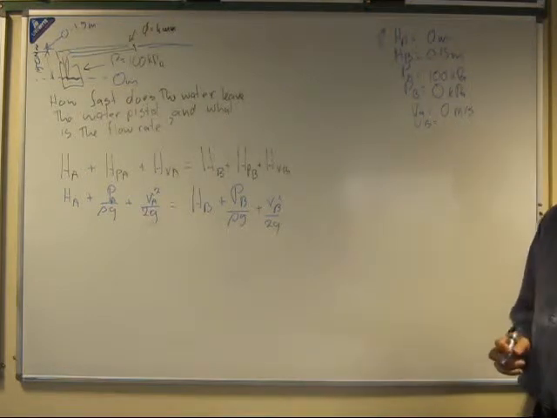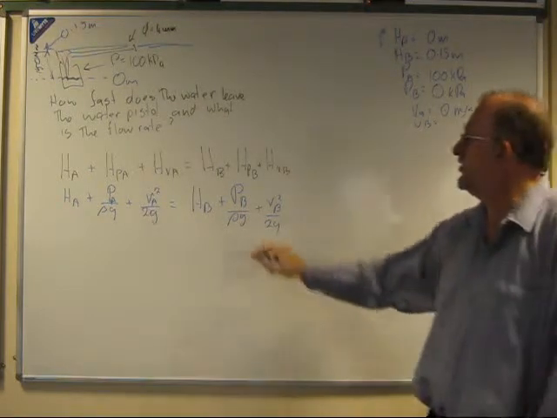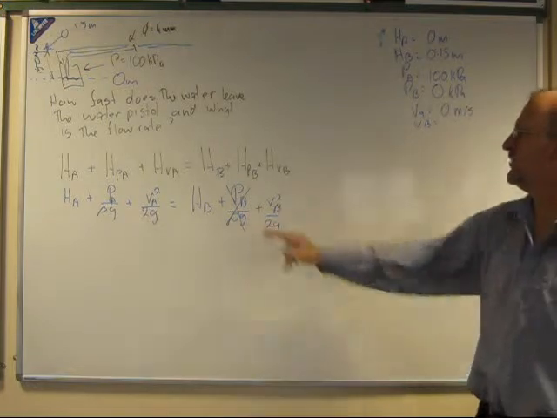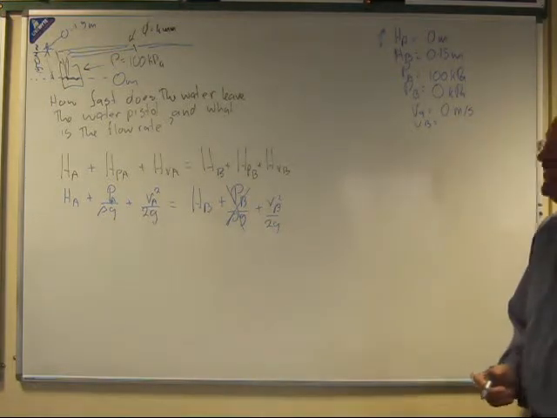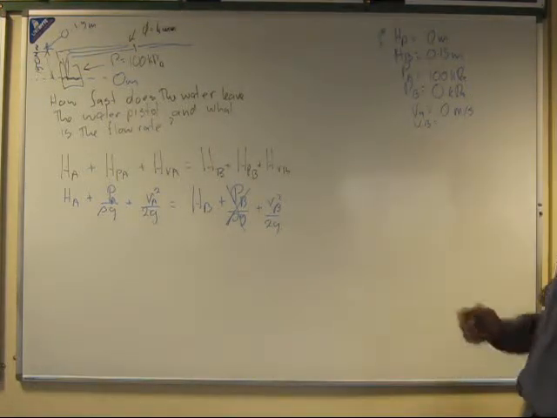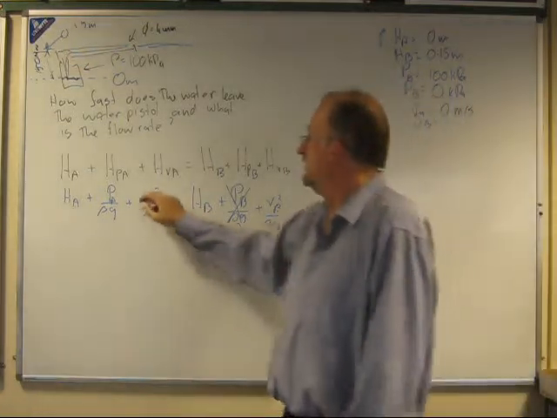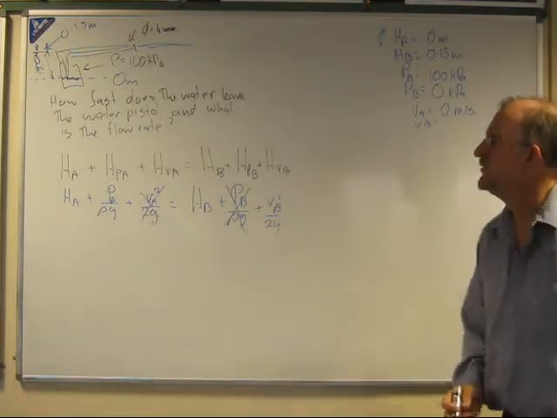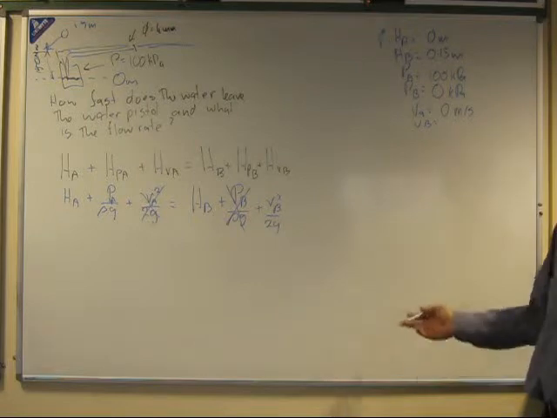So I look at anything I can get rid of. I can get rid of this term because the pressure on that side is gauge, atmospheric, so that's 0. I can get rid of this term because the velocity is equal to 0, 0 squared, 0.